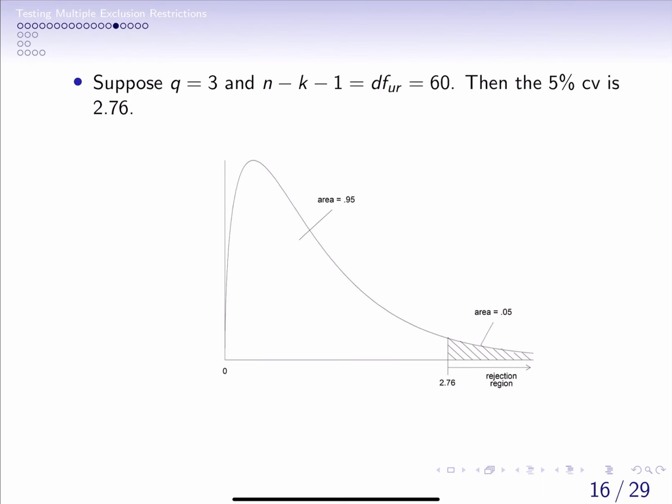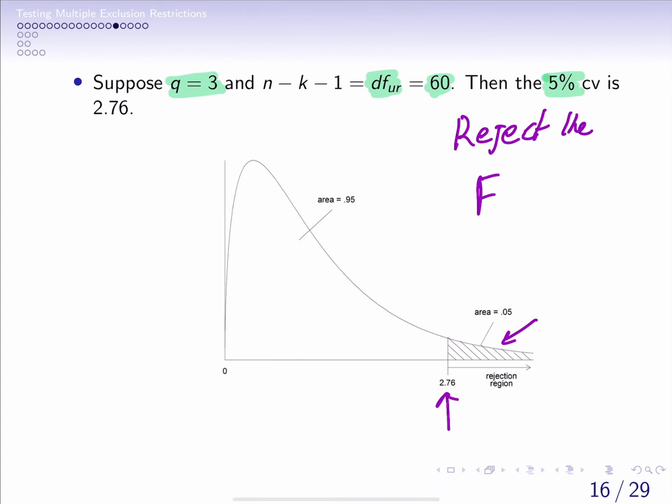So here's a probability density function showing that Q is equal to 3, and let's say the degrees of freedom from our unrestricted model was 60. You can go check the tables, and this is going to show you that the 5% critical value is 2.76. So then the rejection rule is basically going to say that we are going to reject the null when the F statistic exceeds the critical value.